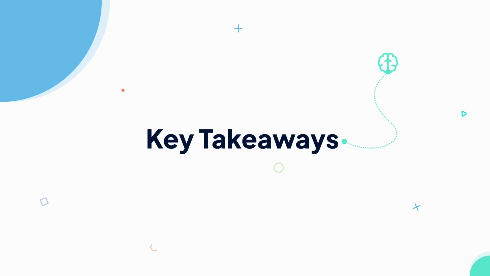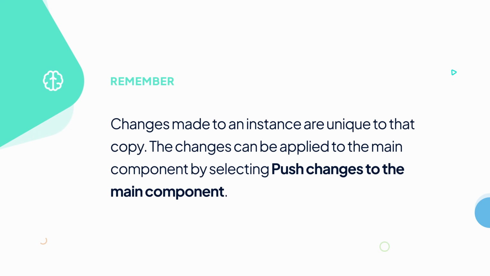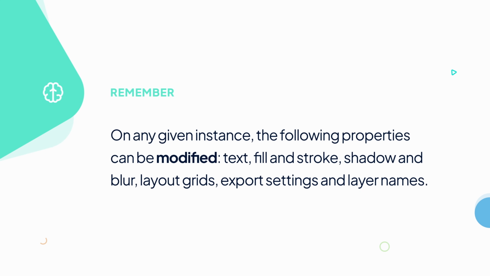Now, let's take a look at a few key points to remember from this lesson. Changes made to an instance are unique to that copy. The changes can be applied to the main component by selecting Push Changes to the main component. On any given instance, the following properties can be modified: text, fill and stroke, shadow and blur, layout grids, export settings, and layer names.